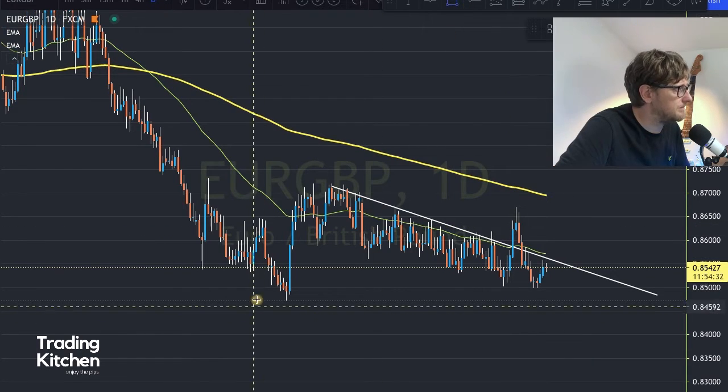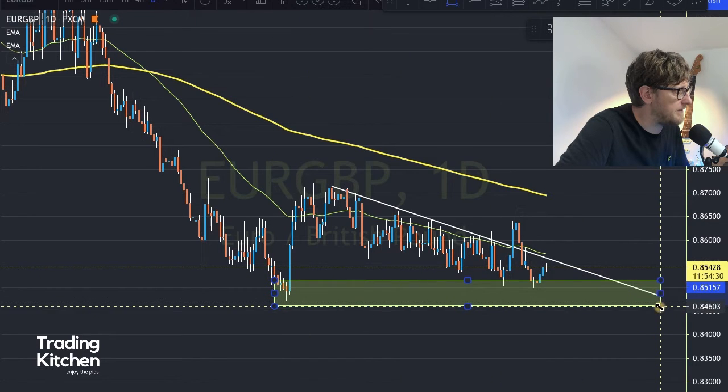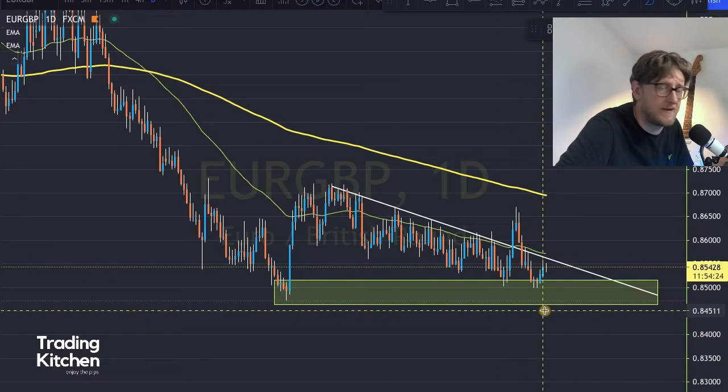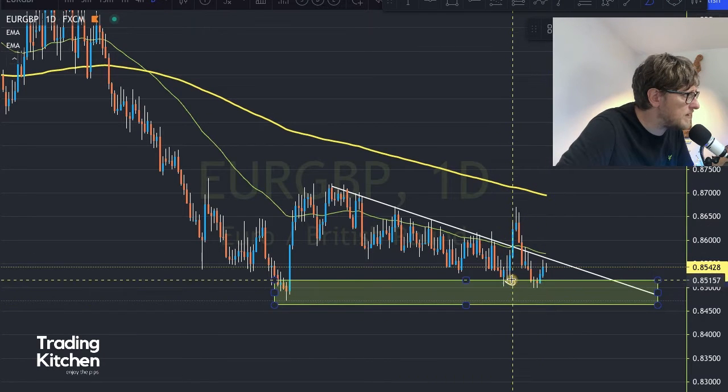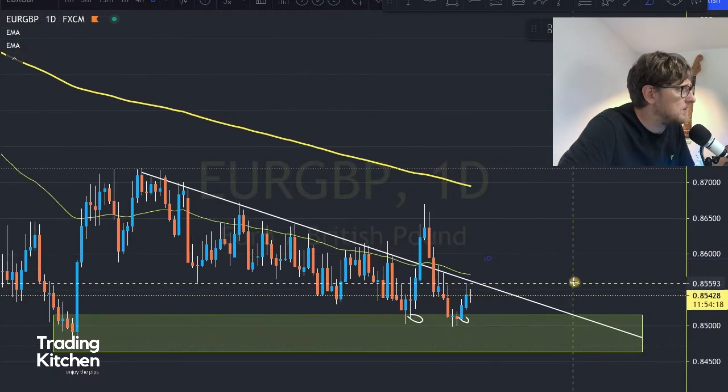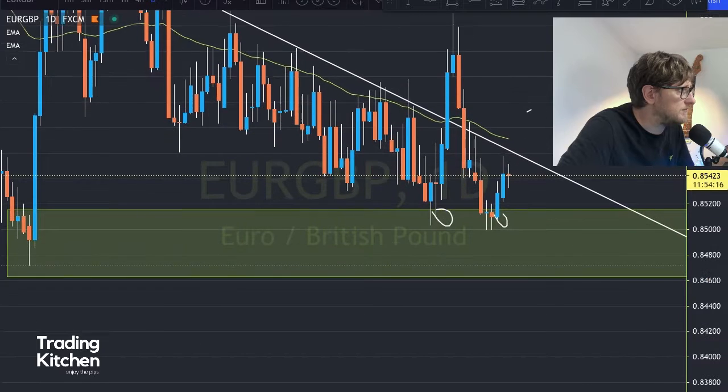Obviously, this is a very, very powerful zone in which I have to expect that price will react again, but probably, as you can see, we have a double bottom here.